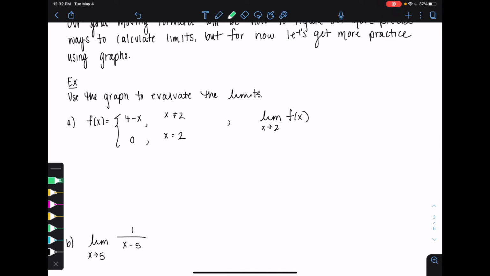So we have a nice piecewise function, and we want to see what happens as x approaches 2. For every other number, I'm going to graph this line, but at 2 itself, my output is going to be 0. So that is just a nice line.